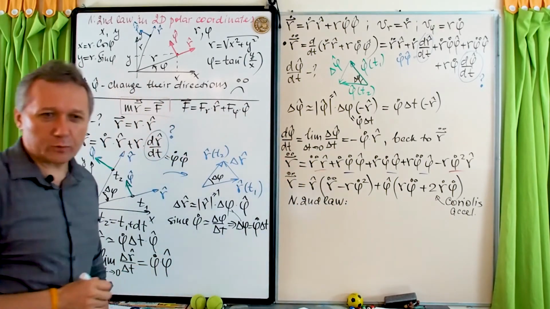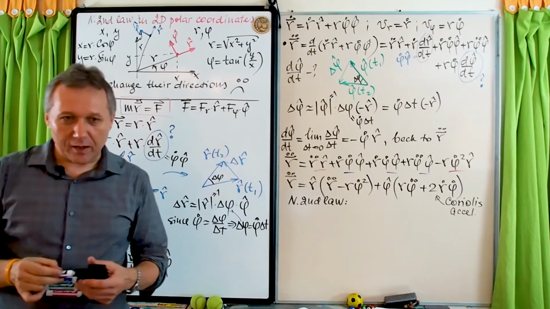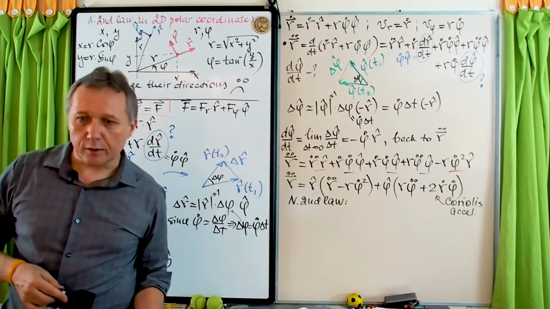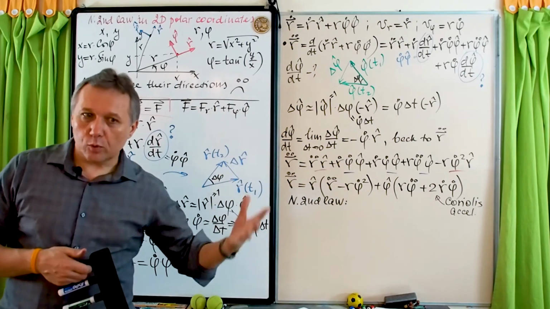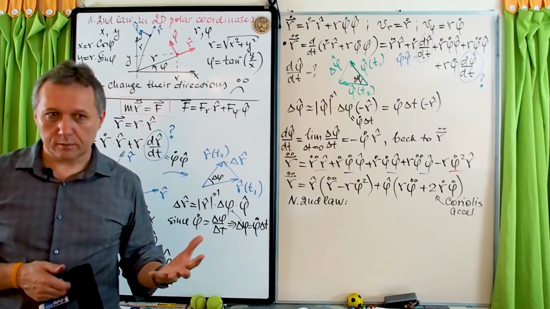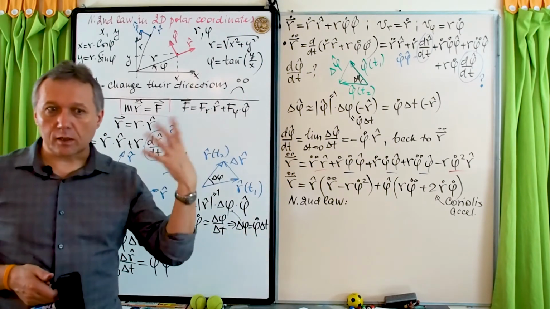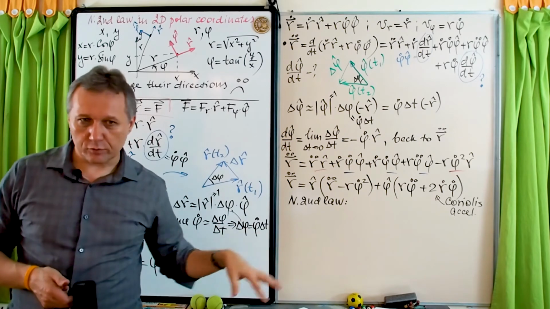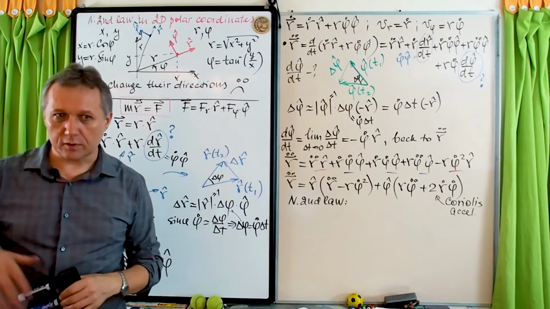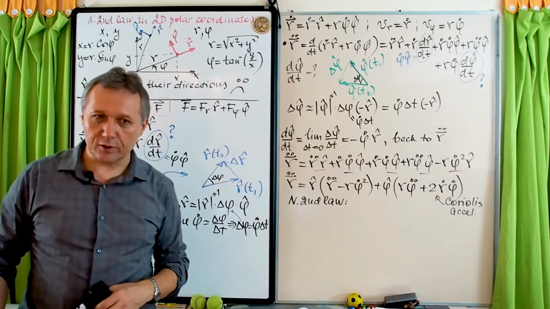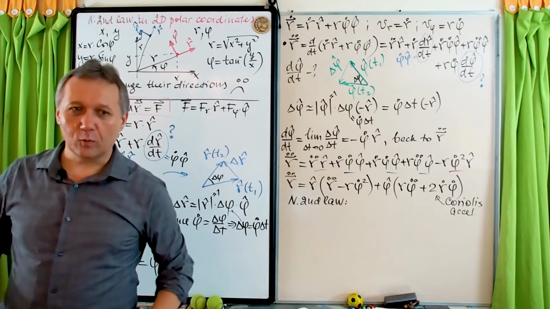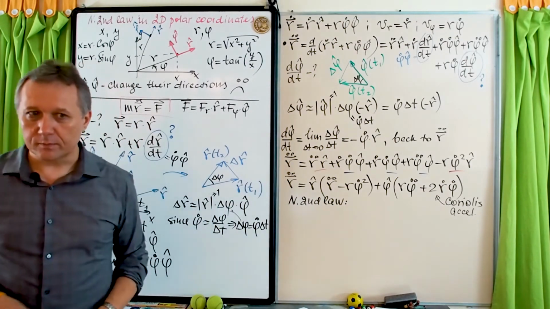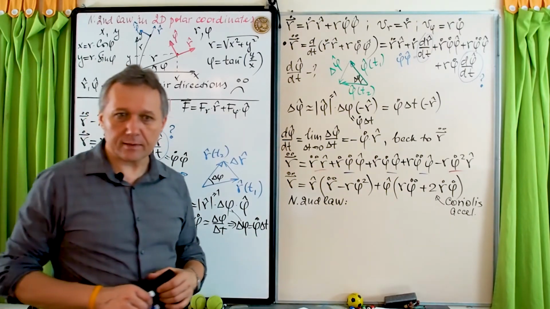You see how much we sweat in order to rewrite Newton's second law in a reasonably simple new coordinate system, in polar coordinates. In Lagrangian formalism, you don't have these troubles. You just grab the same Lagrange equation and just change coordinates. Instead of x, r, instead of y, phi, and that's it. The structure of the equation is exactly the same.